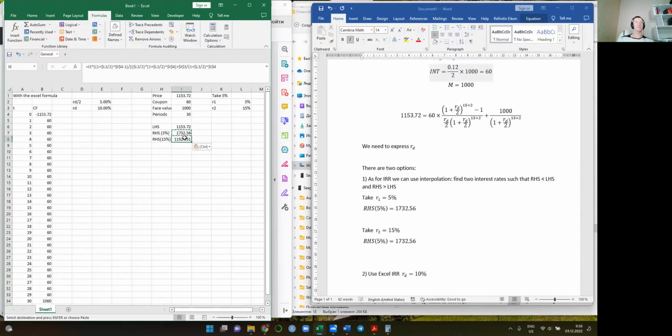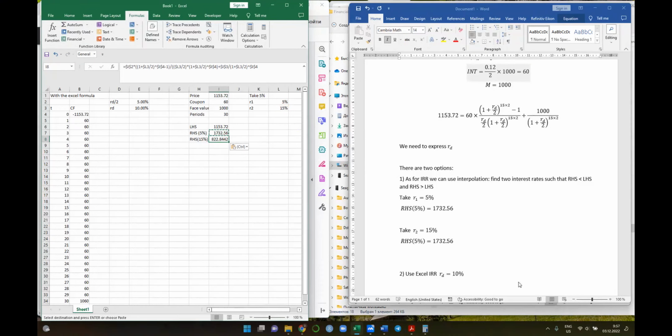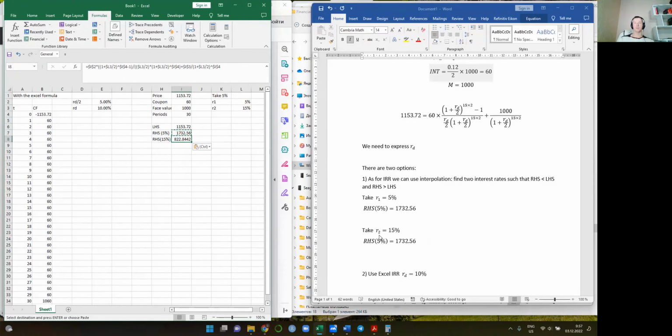No, still wrong. Why? Ah, yes. I also need to fix this. Coupon payments. Yes. So now the right-hand side of 15% is 82284.